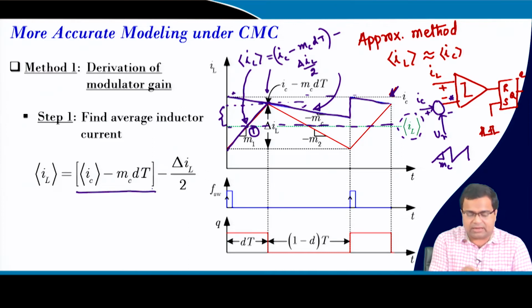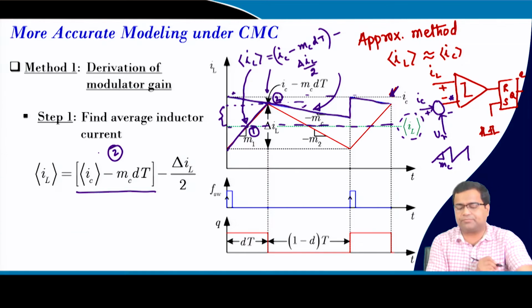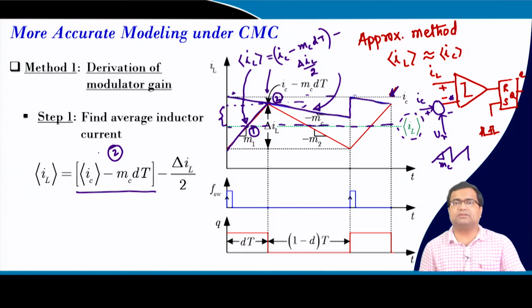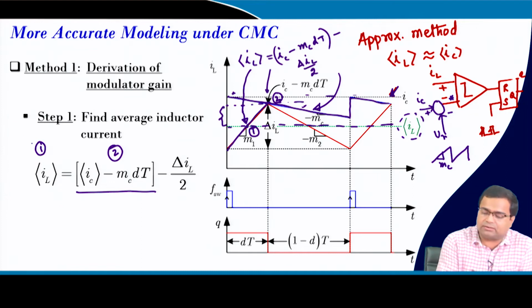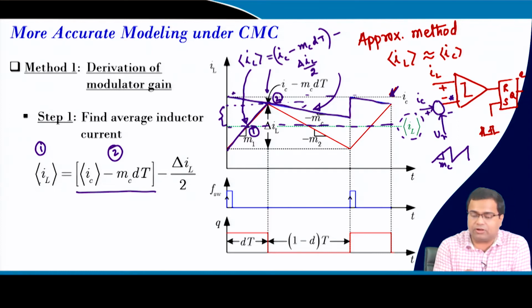This value is the point number 2, and this is half of the ripple, right. So, the average inductor current, point number 1, is equal to number 2 minus half of the ripple.